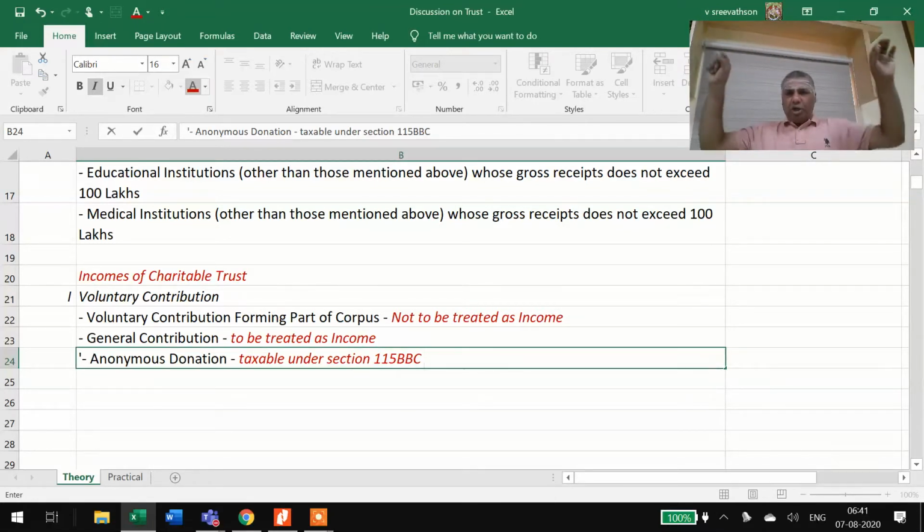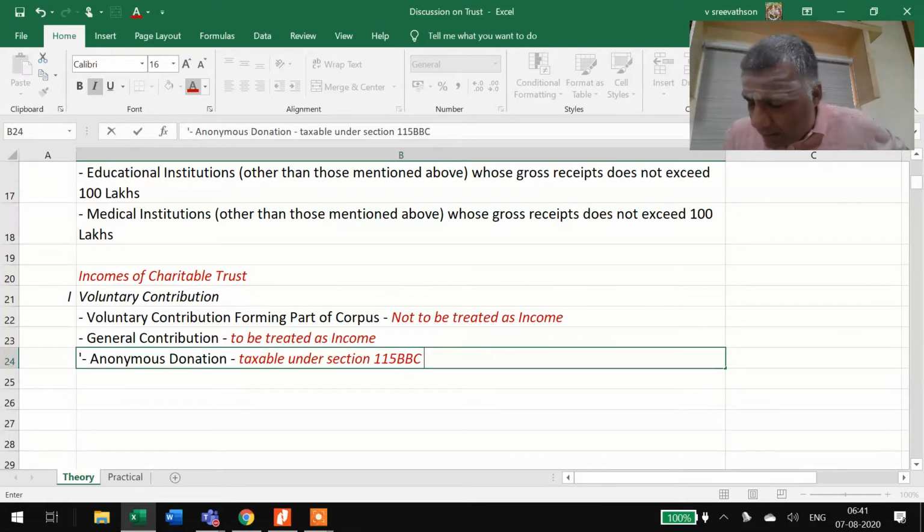Voluntary contribution is divided into three: forming part of corpus, not taxable; other things taxable as income. The third category is anonymous donation, where the name of the donor is not revealed, taxable under section 115BBC.